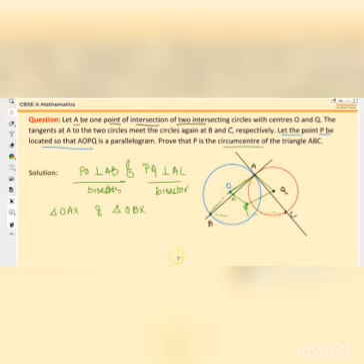Now these two triangles, if you see, this side is equal to this side, right? OA is equal to OB. Now do we have any other relationship? We don't have. So we need to find some other relationship between these two triangles. So now let us see.